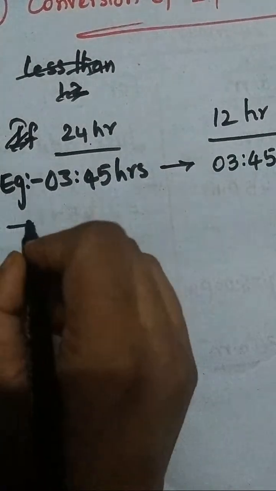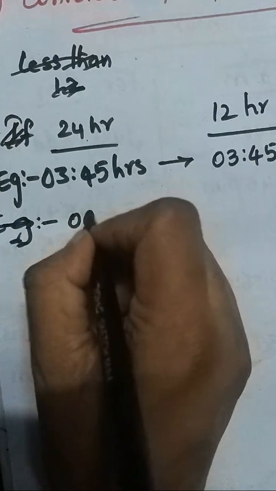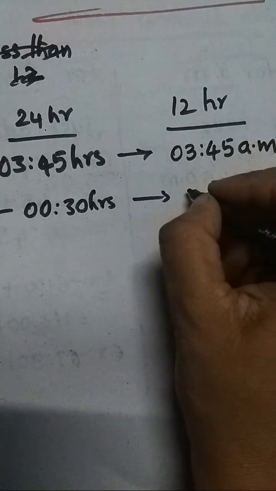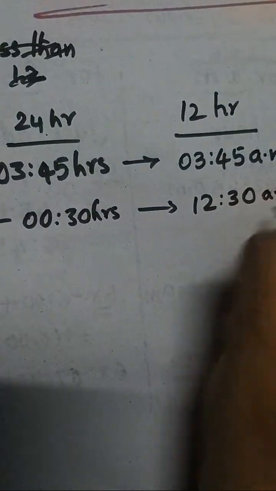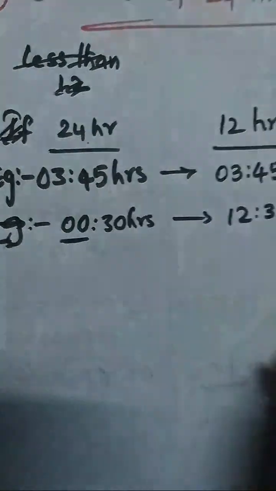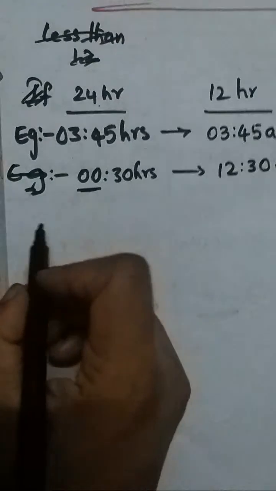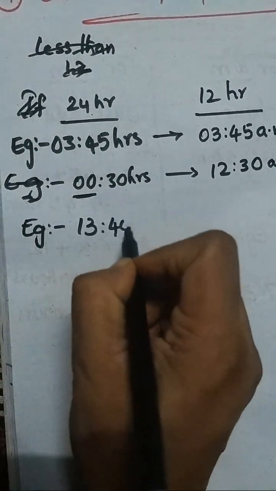And second example, 00:30 hours. What will you say? 12:30 a.m. we say. Now another example, 13:40 hours.